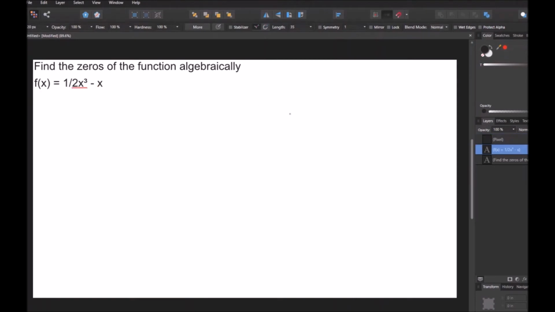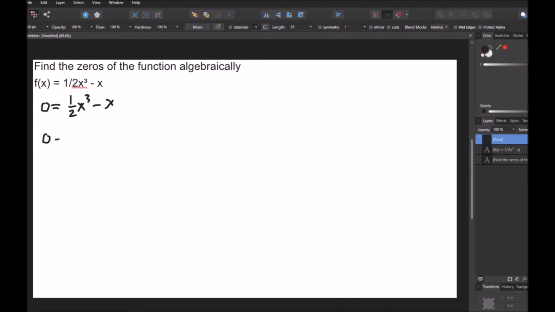Okay, so in this next question we're given the exact same instructions, except now they want us to do it with f of x equals 1/2 x cubed minus x. So once again I'm going to rewrite this as 0 equals 1/2 x cubed minus x. And now what I can do is I can factor out an x.